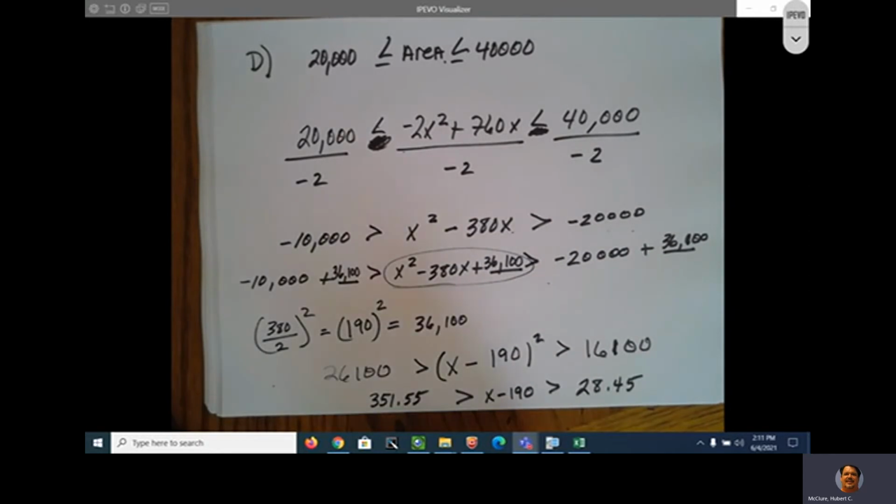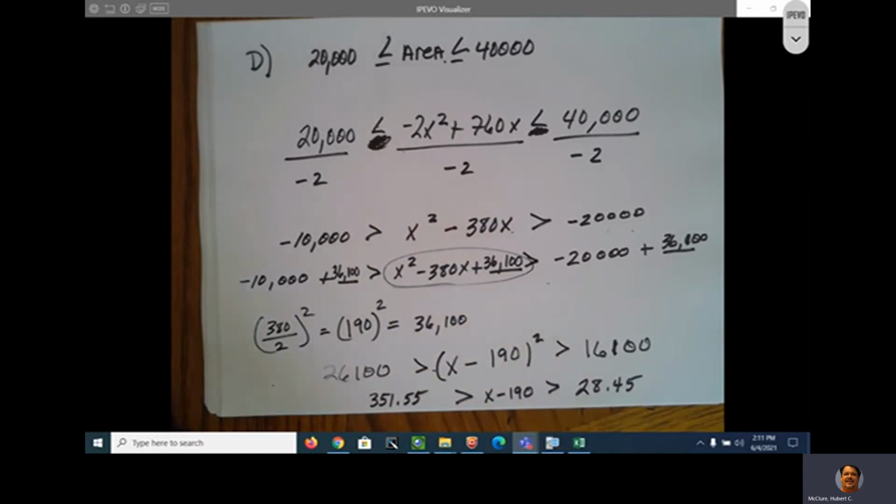And now you set this equal to each other and you just take the square root of both sides. So x is going to be, yeah, I'm pretty sure.